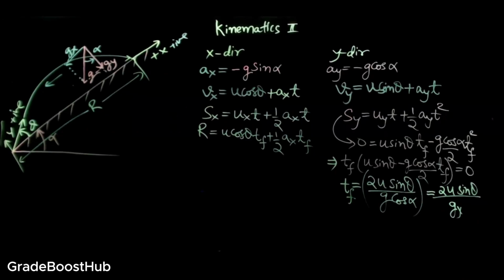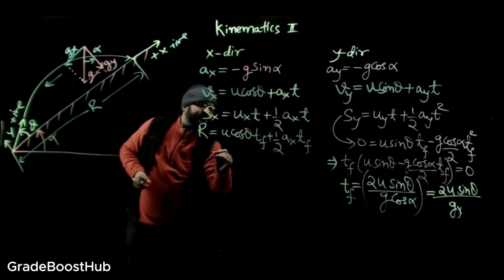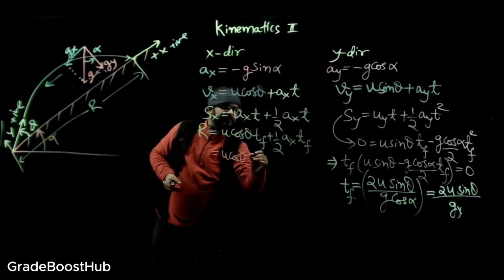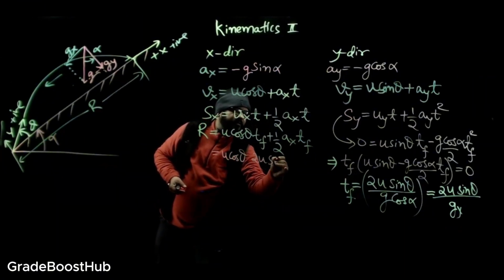So what is the answer? Okay, just let's fill in the blank if you have time. The range will be u cos theta, and then we have 2u sine theta by g cos alpha.